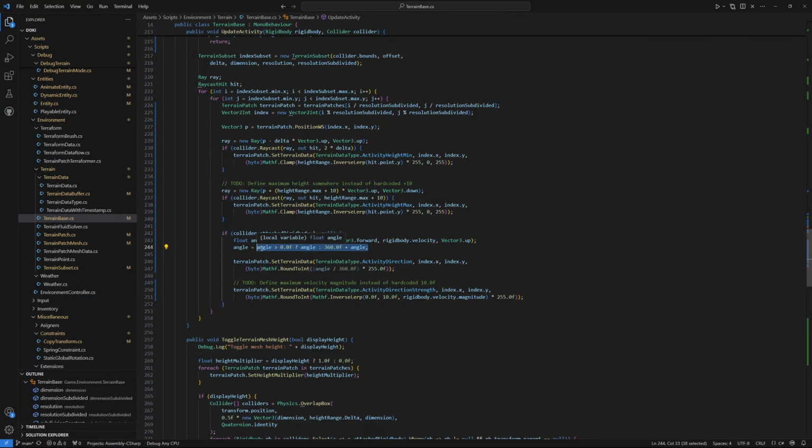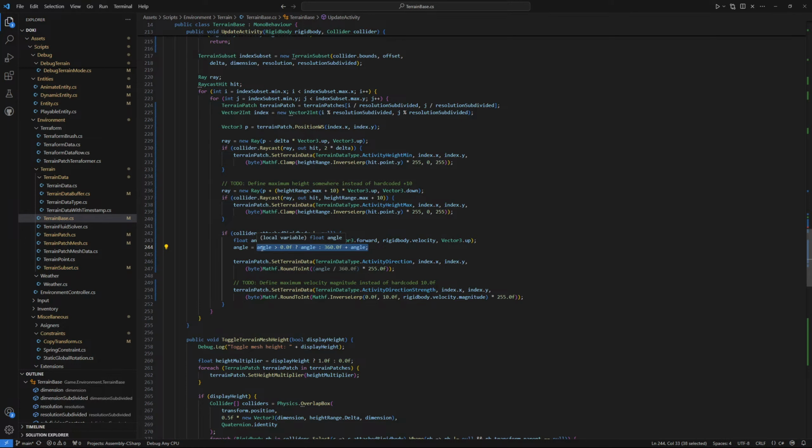So we want to take an angle, or we want to take a velocity in 3D. We want to limit it to the XZ plane. Do we want to limit it to the XZ plane? We're definitely gonna need more data.